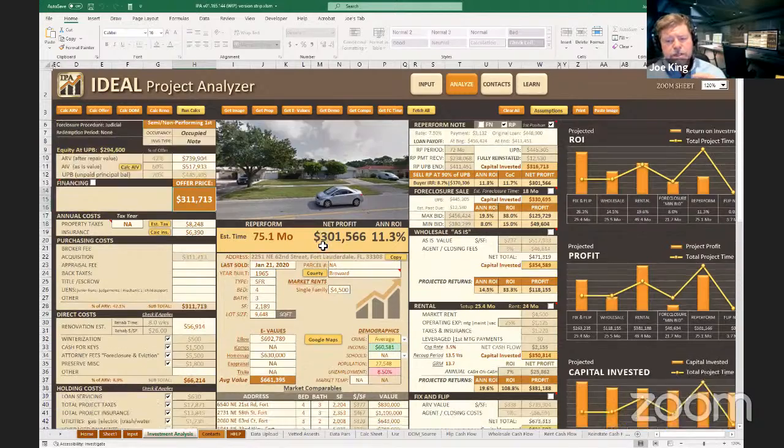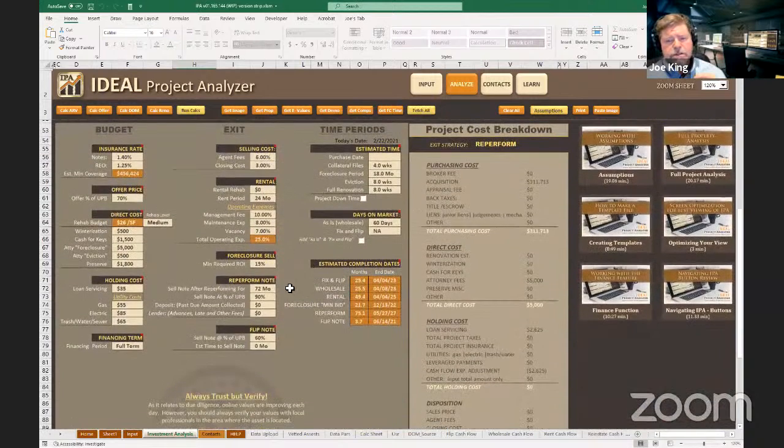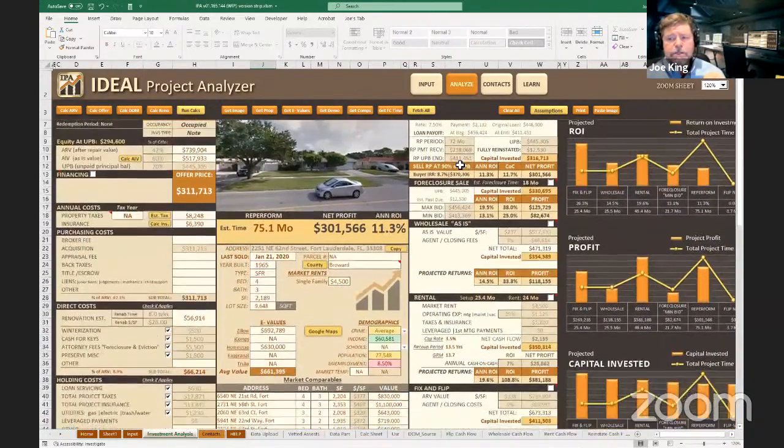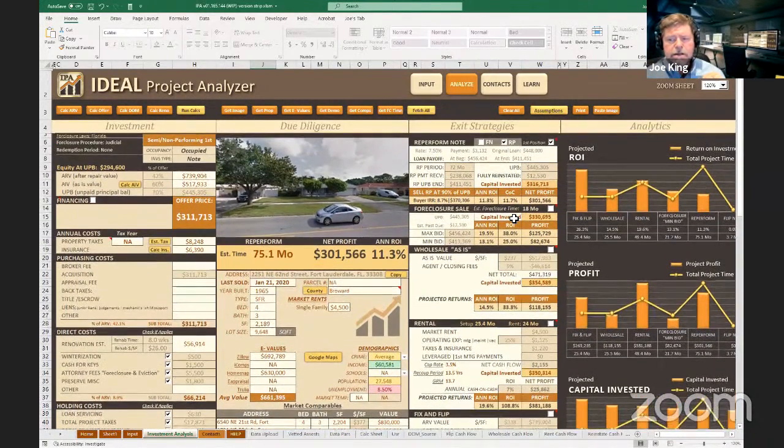So you can come down to your assumptions and set your minimum required return on investment for foreclosure at whatever you want. We have it at 15%. I could put this at 25%. And when I do that and I come back up here, you'll see that my return on investment for my minimum bid is at 25%.